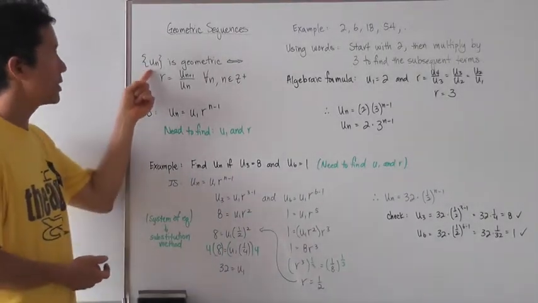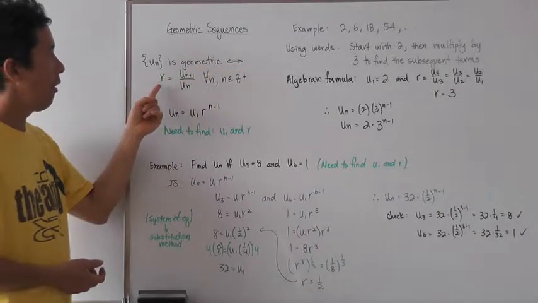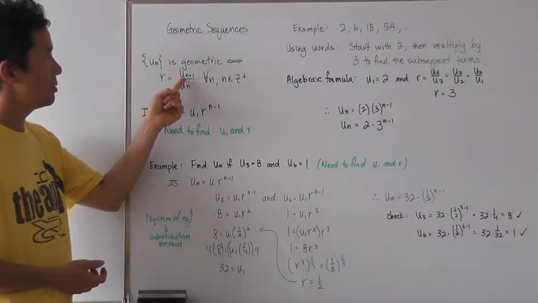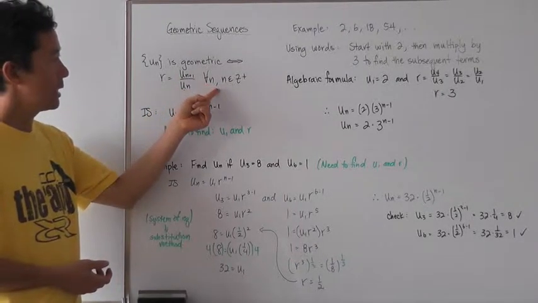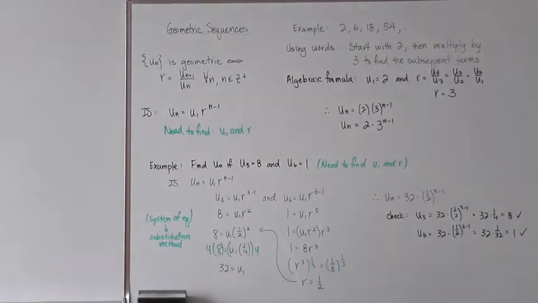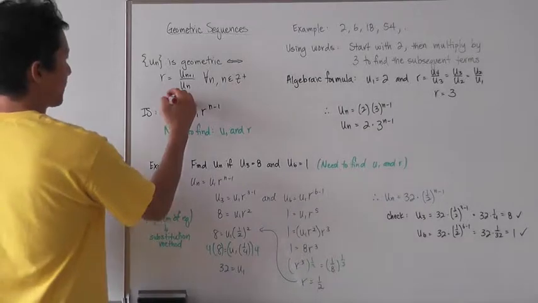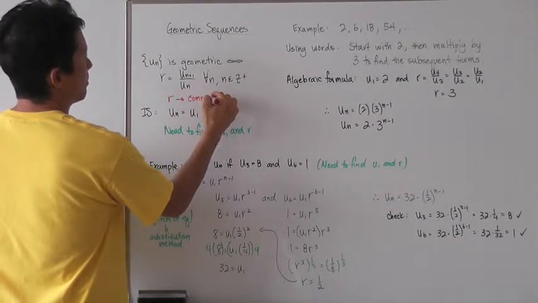The sequence u sub n is geometric if and only if r is equal to u sub n plus 1 divided by u sub n, for all n an element of Z. We're going to call r the common ratio.